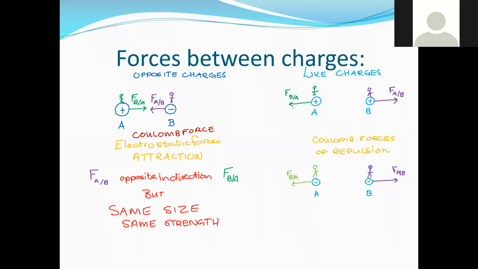You can see that this force here, F of B on A, is in the opposite direction to the force of A on B in all the situations. They're in opposite direction, but they will have the same size.